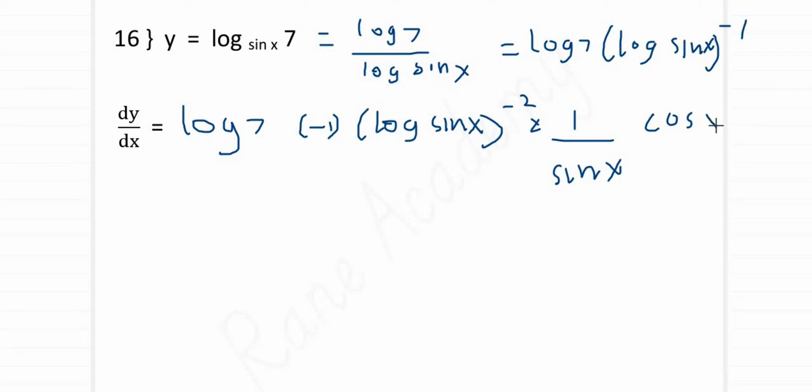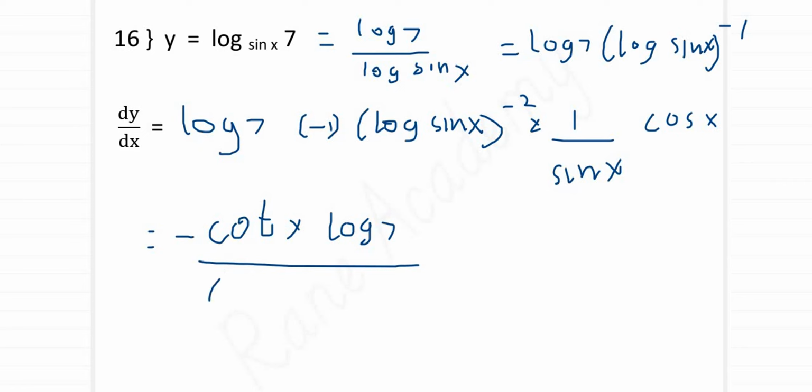So we simplify and write the answer properly. Now cos x upon sin x is cot x. So we write minus cot x, then we have here log 7 upon log of sin x.